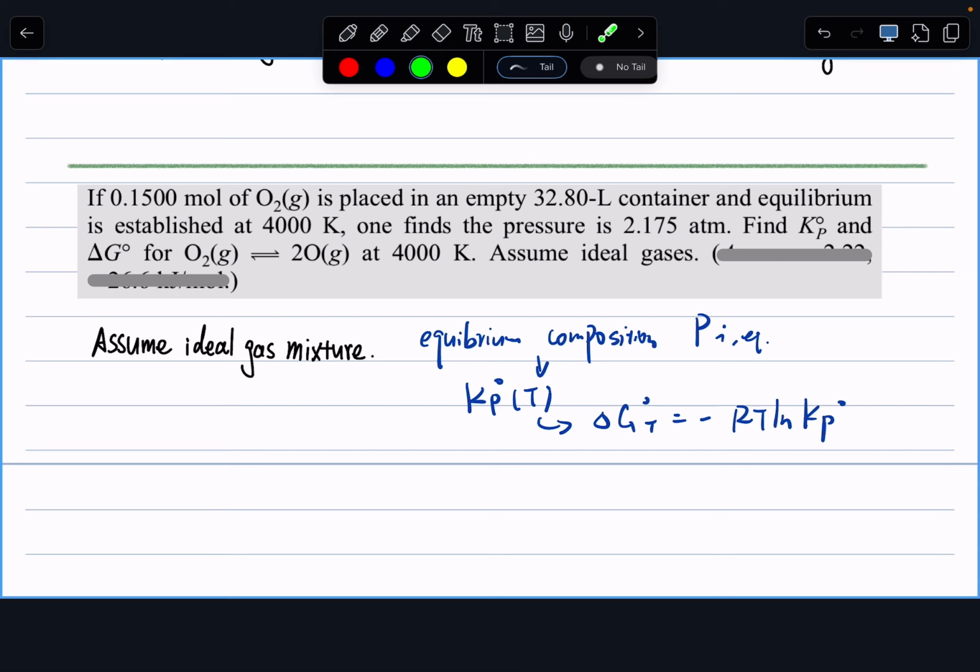And to make my life easier, I'm just going to rewrite that into bar, which is 2.204 bar. And we know this is an ideal gas mixture.